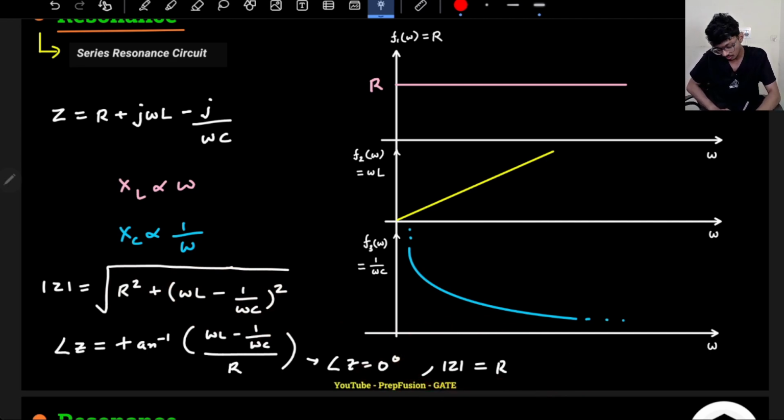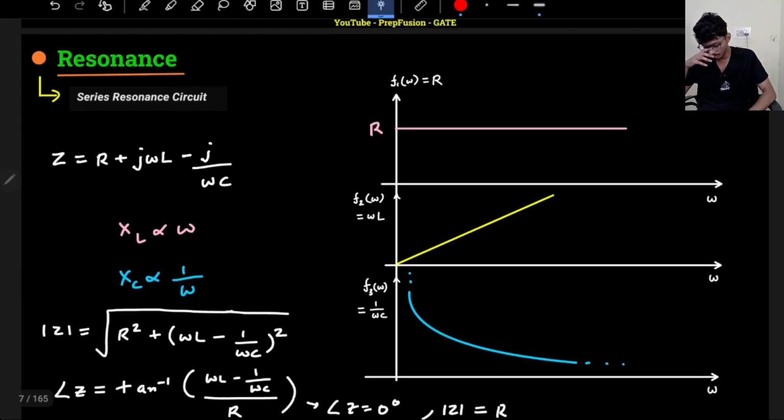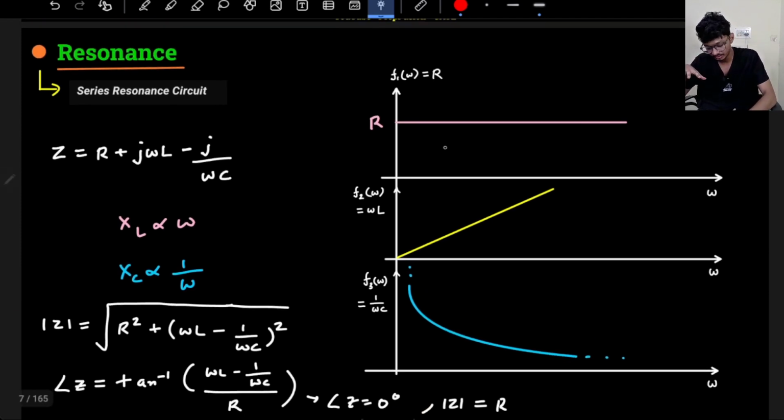Okay, so now we will plot the magnitude of Z, the impedance. For plotting the impedance, we are adding all these three.